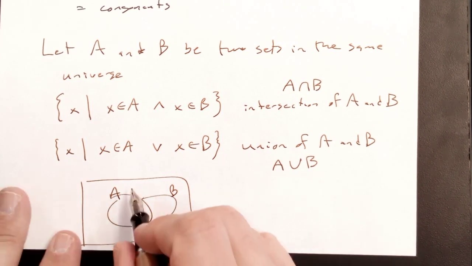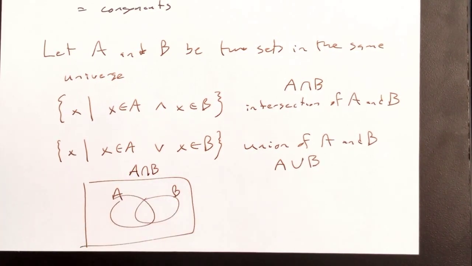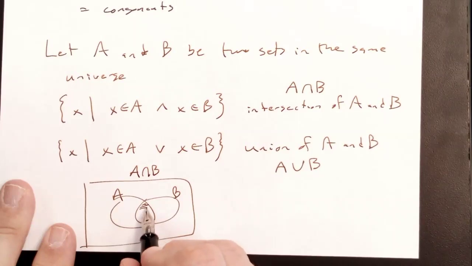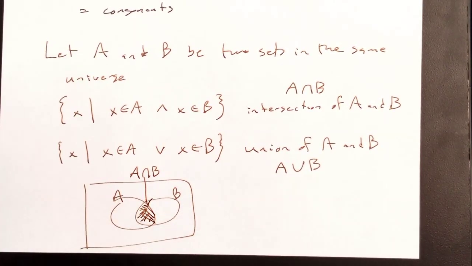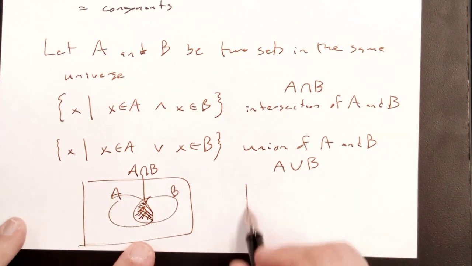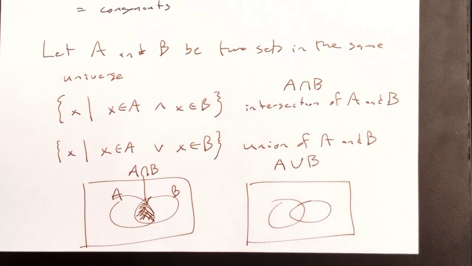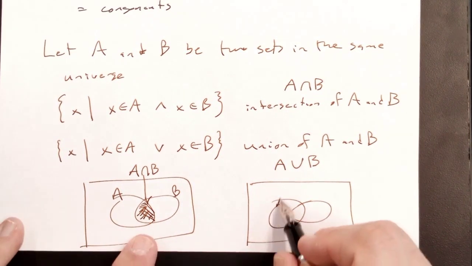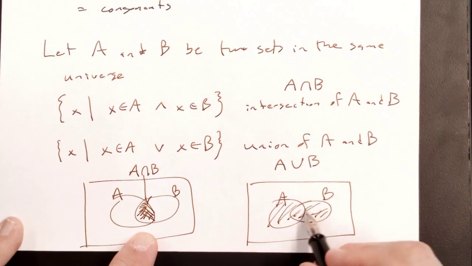So the intersection requires me to be part of A and part of B at the same time. That's this piece. The overlap between the two. Whereas the union is all of it. All of A, all of B, and everything in the middle.